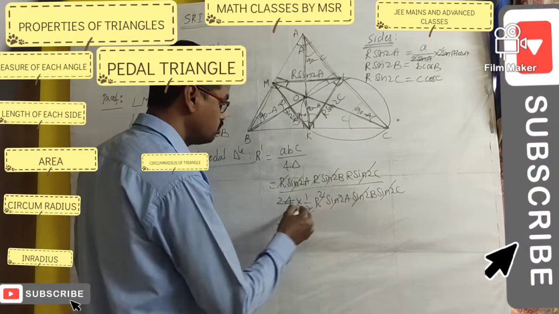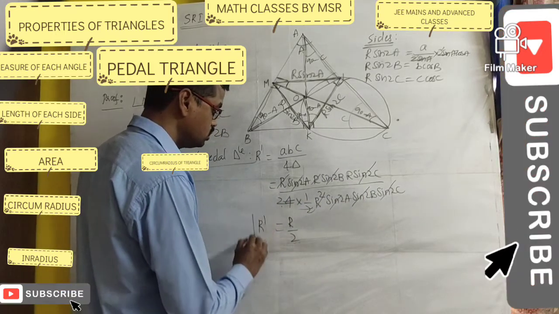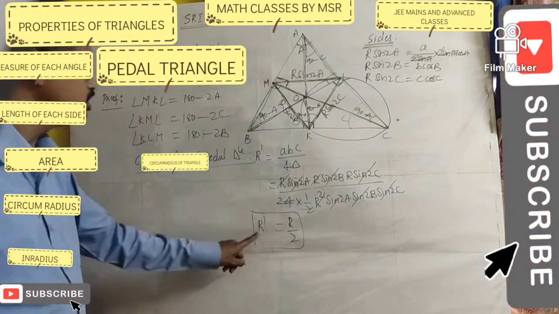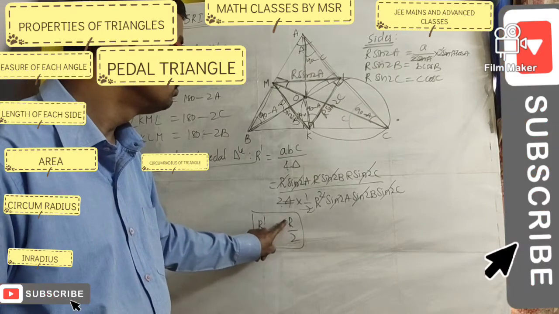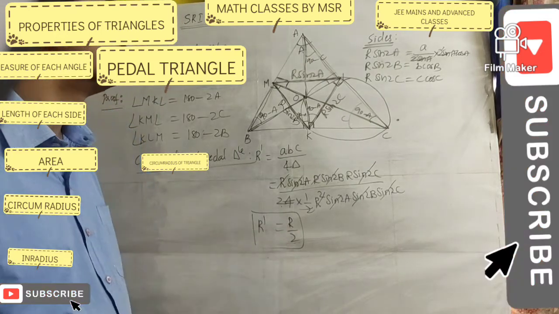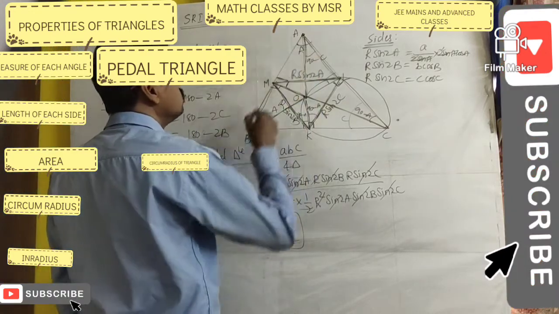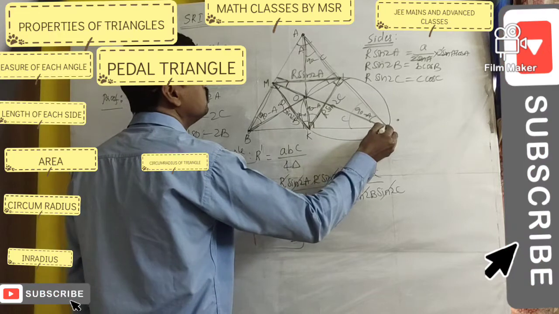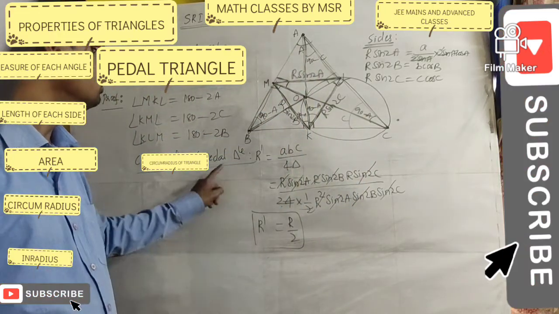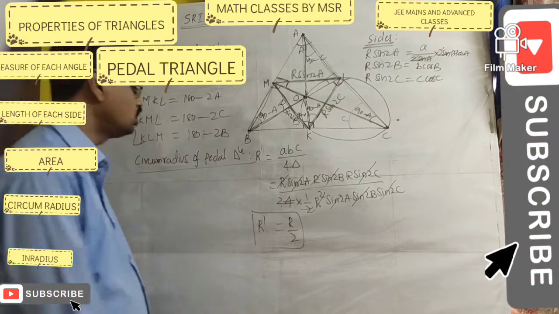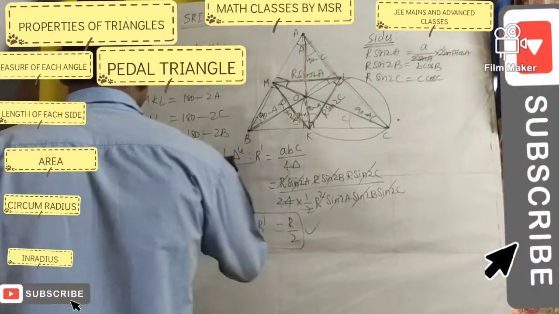Left with R by 2. Okay, now we got that the circumradius of the pedal triangle is half of the circumradius of the given triangle ABC. So R dash is equal to R by 2. This is about the circumradius of the pedal triangle.